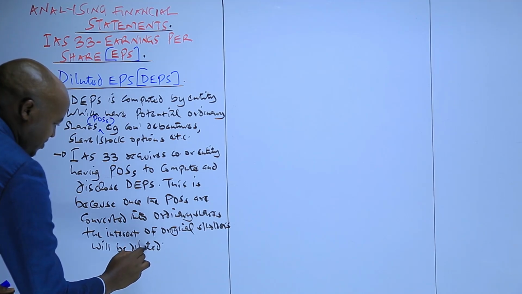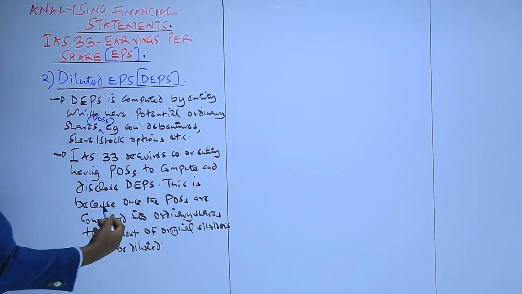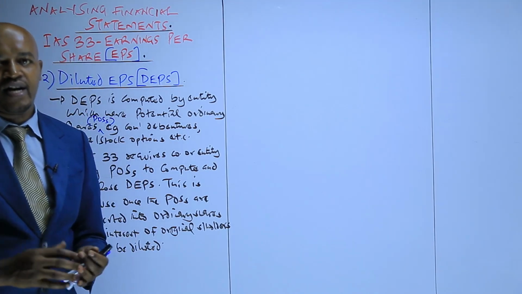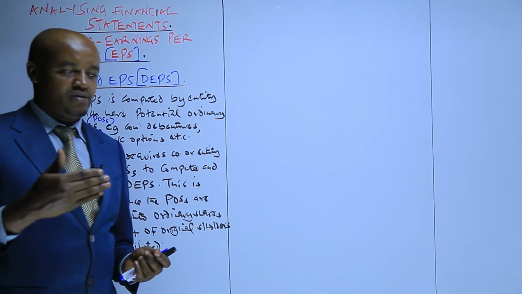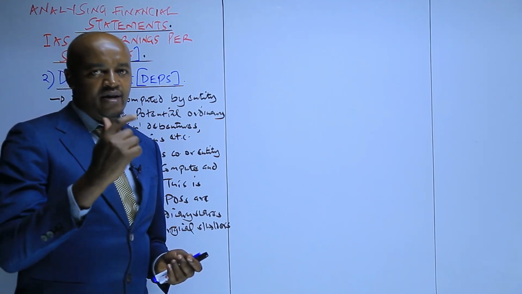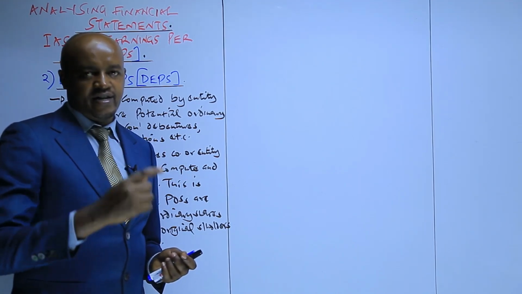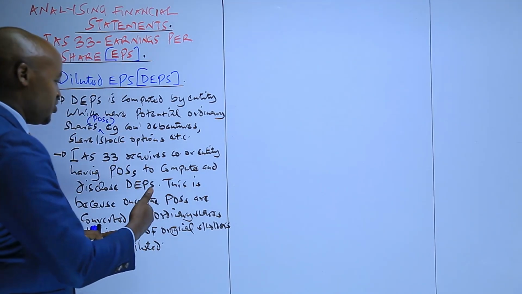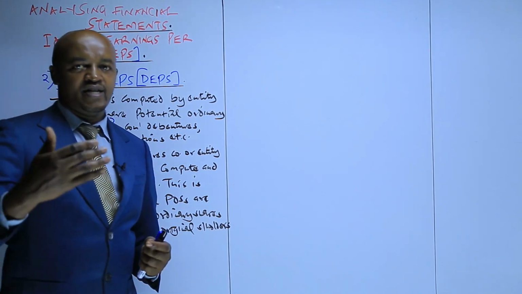By computing the diluted earnings per share, the company will be communicating to the shareholders the effect on the earnings per share once these potential ordinary shares are converted into ordinary shares.